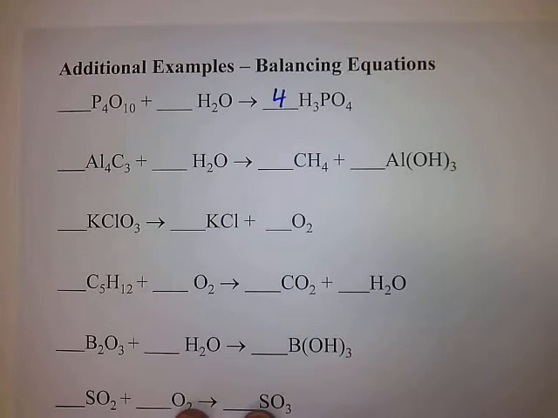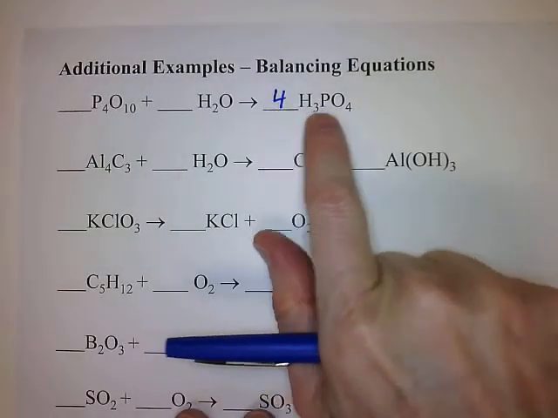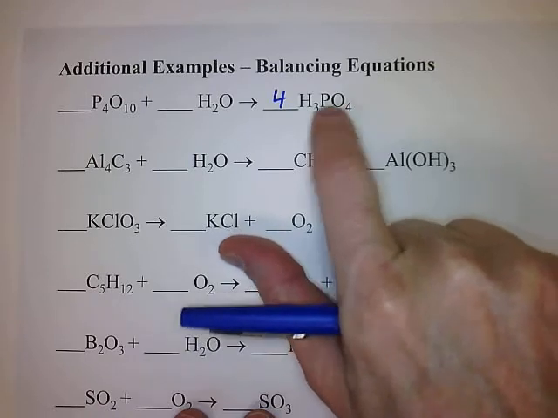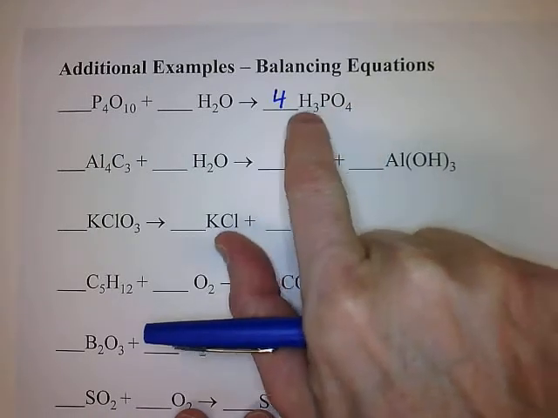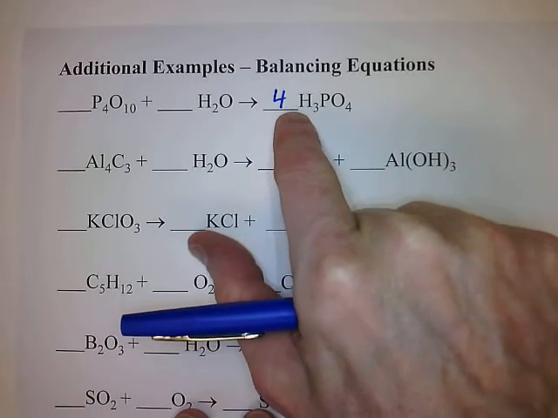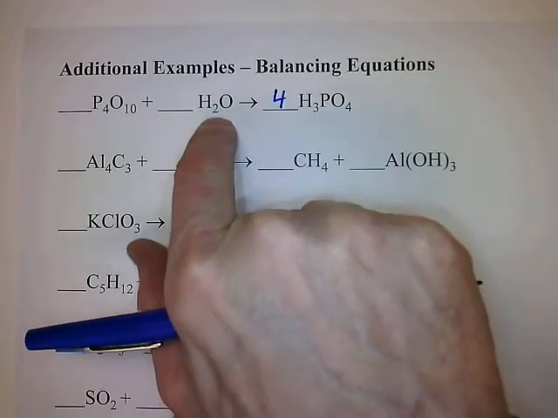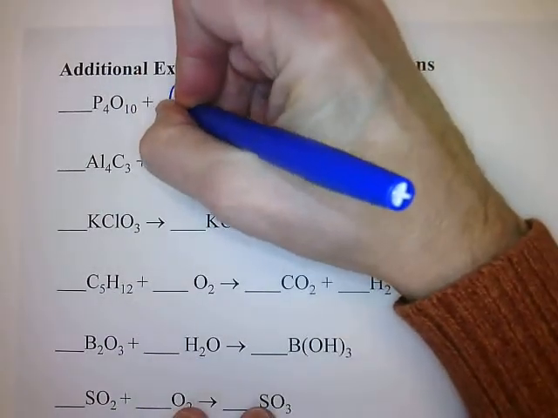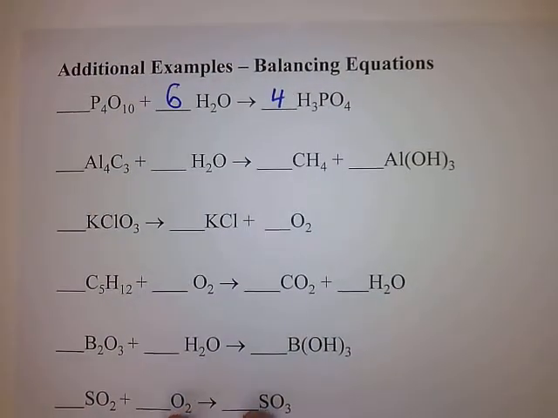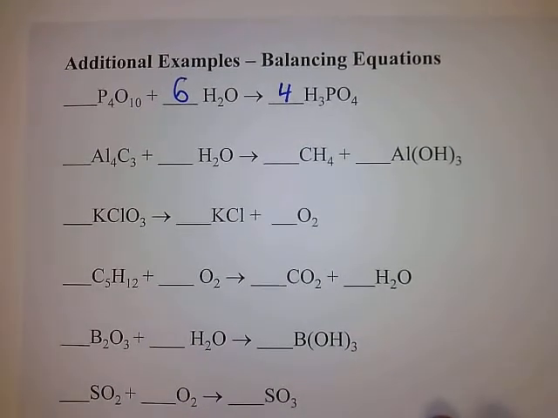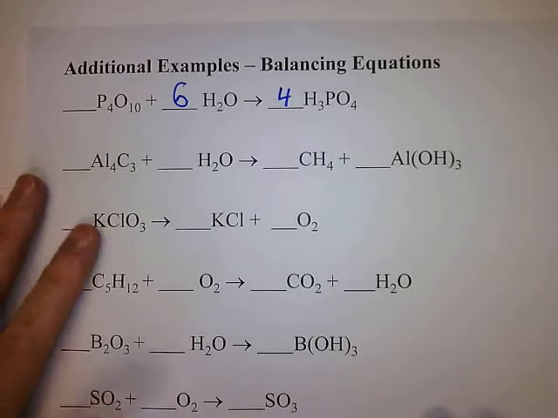Remember that 4 operates on the entire formula. So we now have, on the right side, 3 times 4, 12 hydrogens. But there are 2 hydrogens in H2O, so we would react with 6 waters. And basically then that equation is balanced.